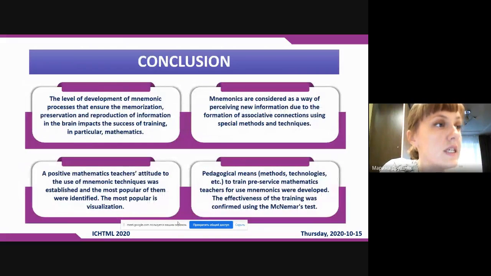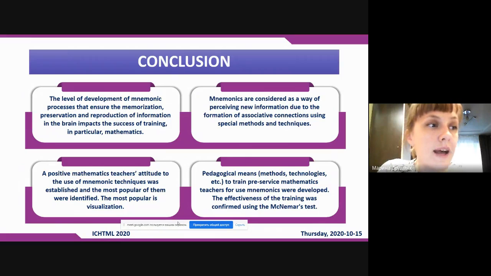First, it was found that the level of development of mnemonic processes impacts the success of training, in particular in mathematics. In order to introduce effective ways to memorize a variety of mathematical information, mnemonics are considered as a way of perceiving new information.